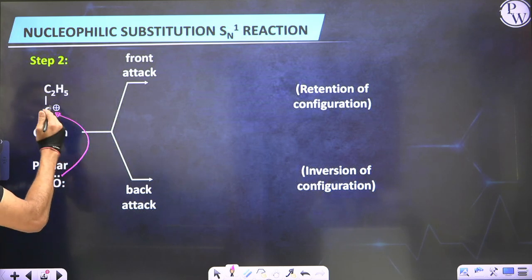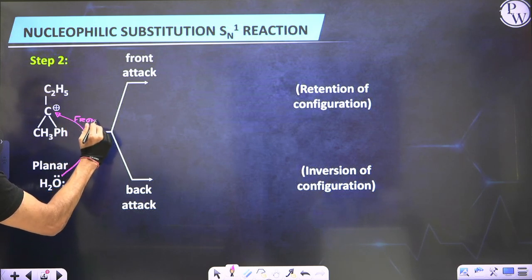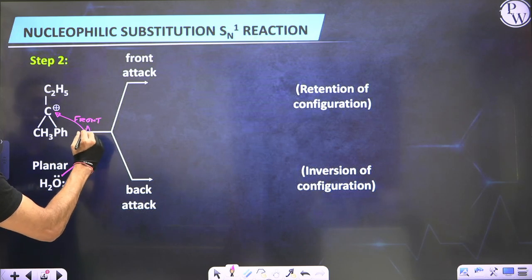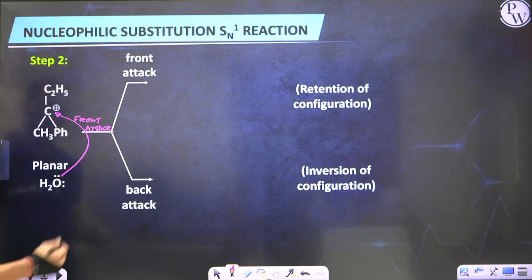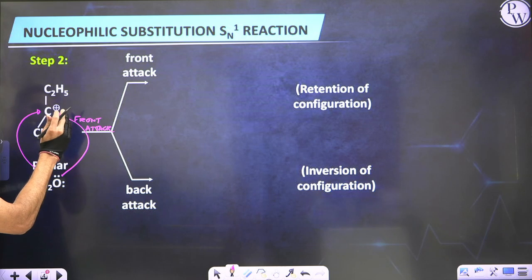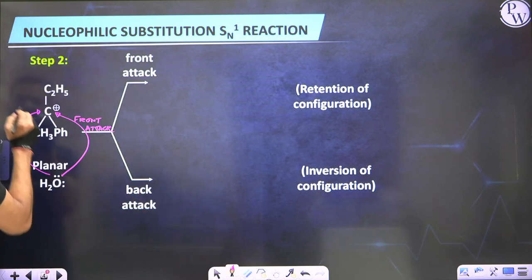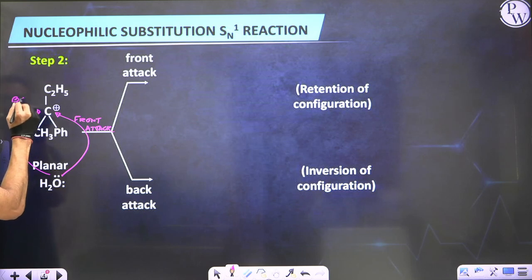The side from where bromine has left, you can call the front side attack. Or water can attack the deficient carbon from the side opposite to where the leaving group, that is bromine, has left. You can call it a backside attack.